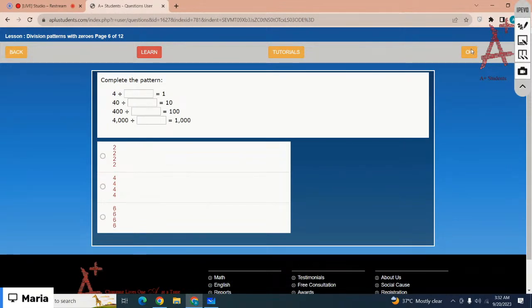Okay, 4 divided by what number equals 1? Which is the correct option? Yes, very good. That would be the second option. 4 divided by 4 equals 1.